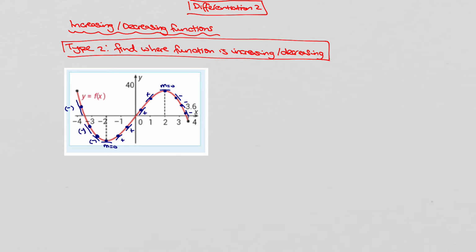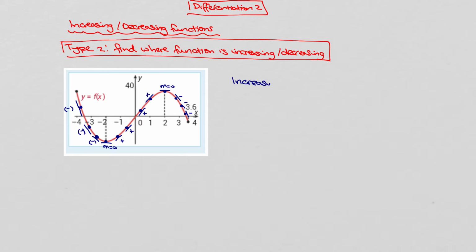So we can use this information in differentiation to determine where the function is increasing and decreasing. When the function is increasing, our slope is positive. And of course, in differentiation, the slope is found by getting the first derivative. If it's positive, that means the derivative has to be greater than 0.